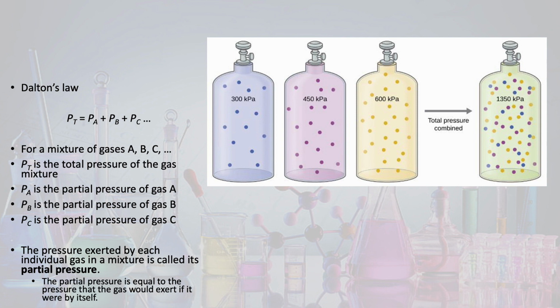So you just simply add those all up, right? So 300 plus 450, 750 plus 600, 1350 kilopascals, right? So this is a mostly simple addition problem depending on what you have to do in your problem. And we will try our practice problem on the next slide.